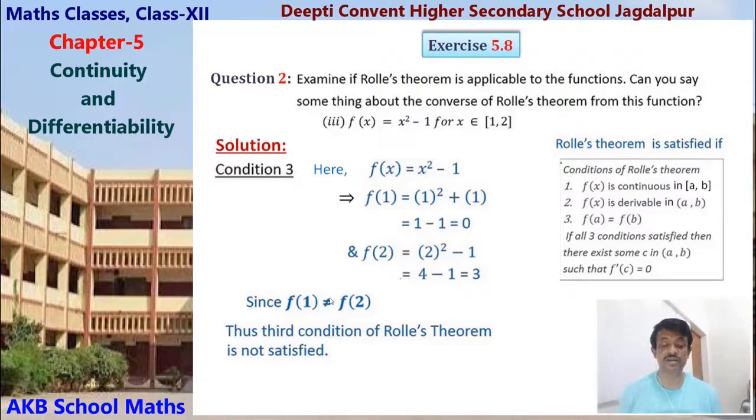The third condition of Rolle's theorem is not satisfied. Therefore Rolle's theorem is not applicable to the function f(x) equal to x square minus 1 for x belongs to [1, 2].